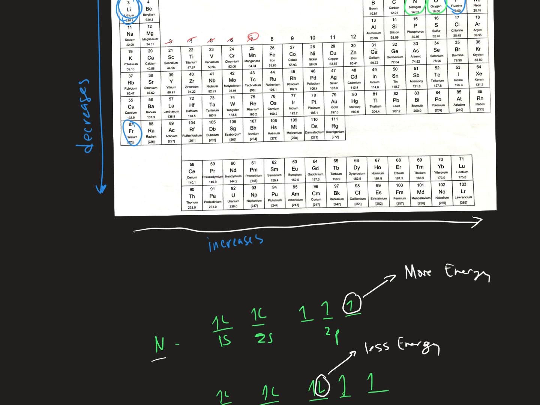Yeah, Zach. So if you were to take one from nitrogen, like if you were able to, would the electron from 2s shift to fill in the last space on 2p? No, it would just make it more unstable.